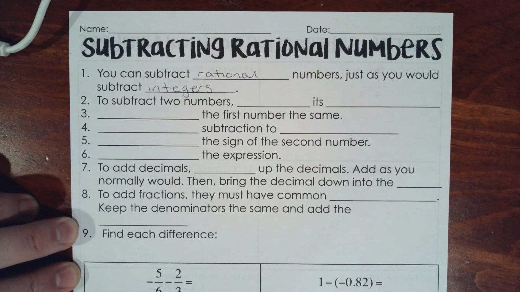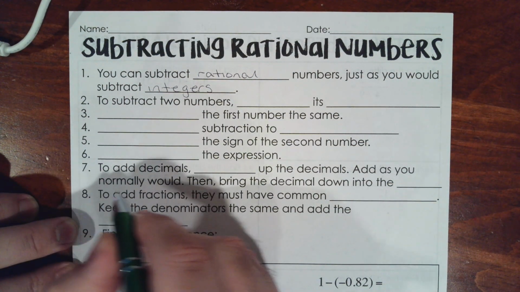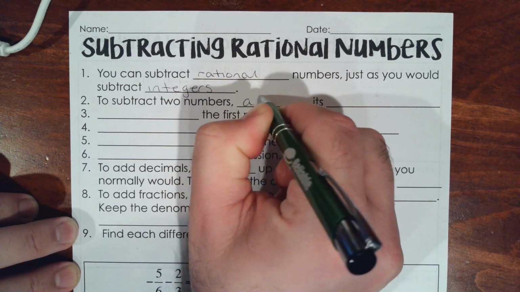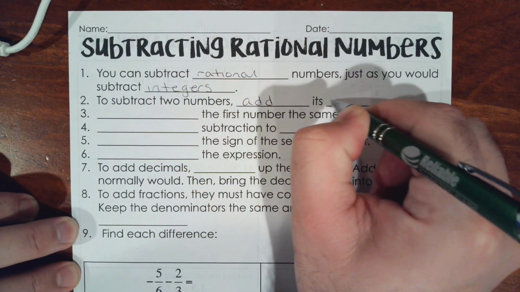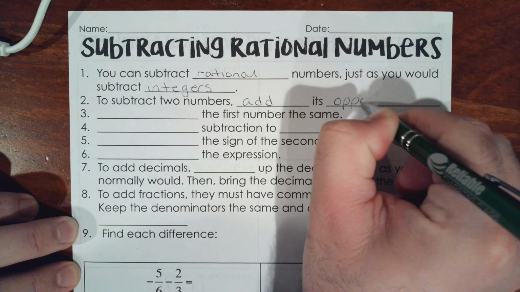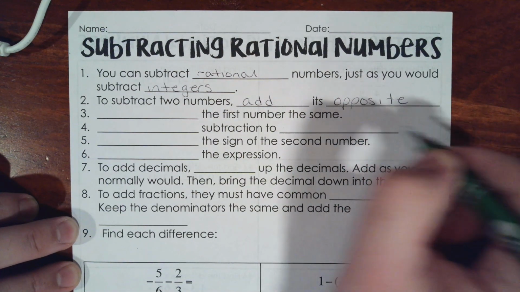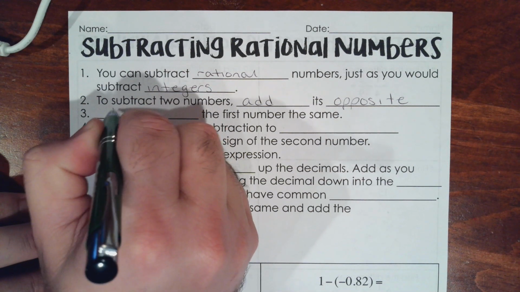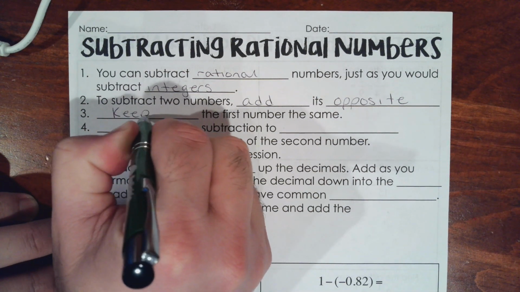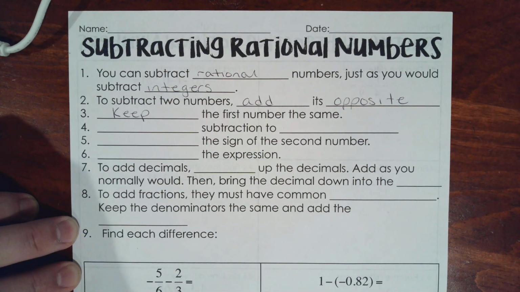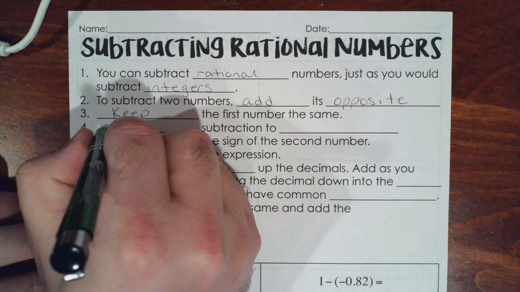To subtract two numbers, we add its opposite. We're going to keep the first number the same. We're going to change subtraction to addition.